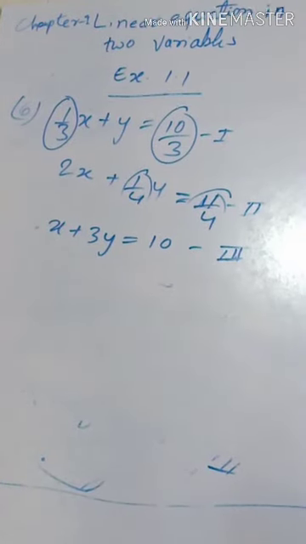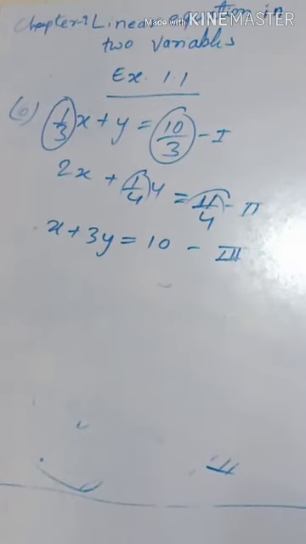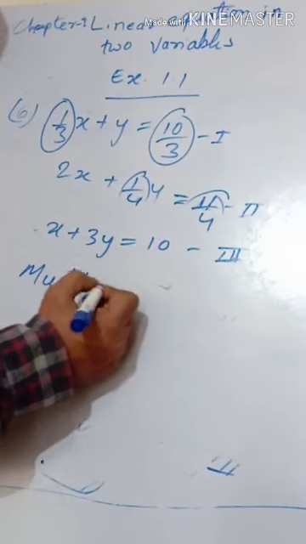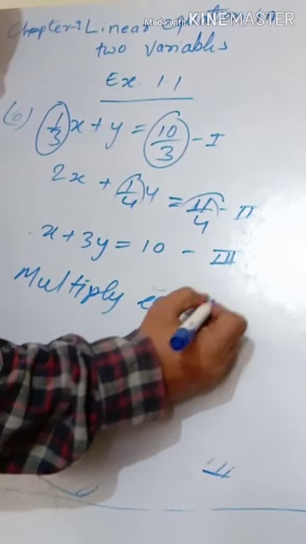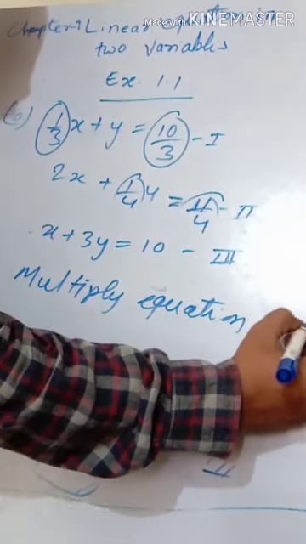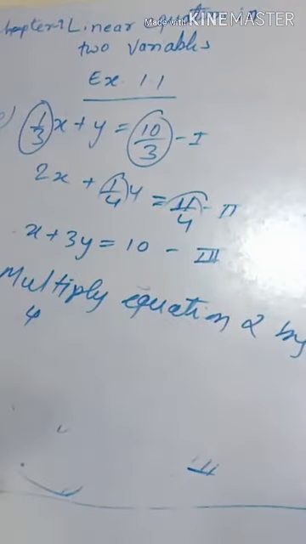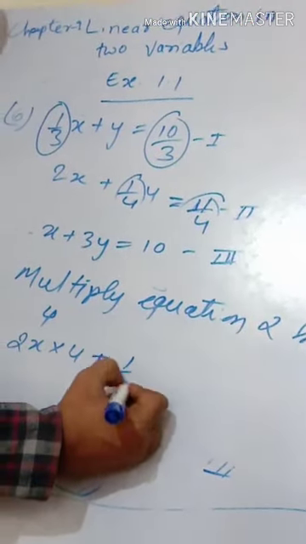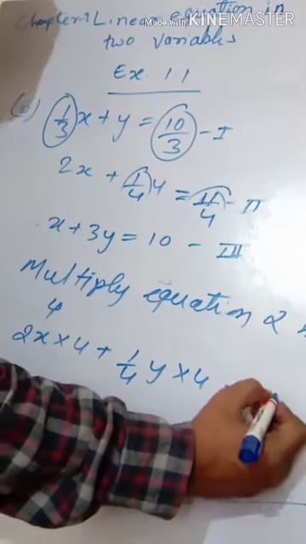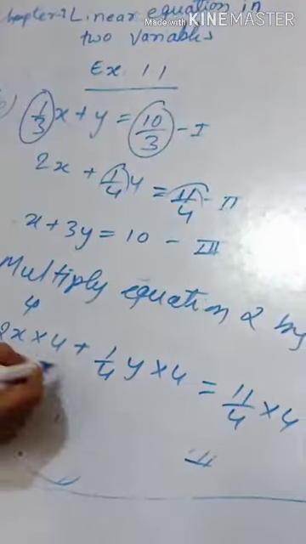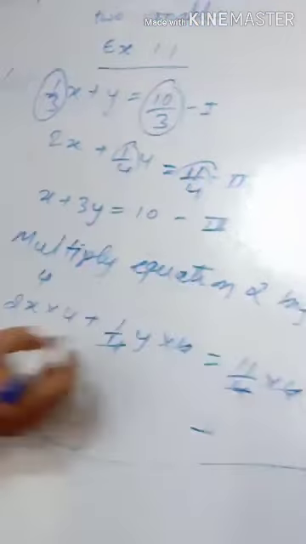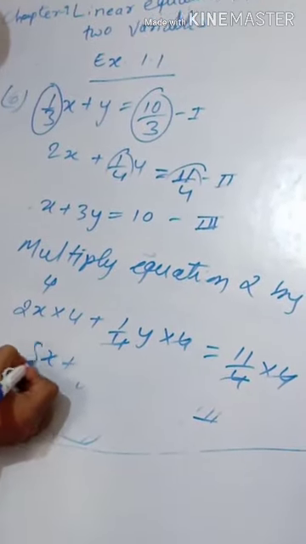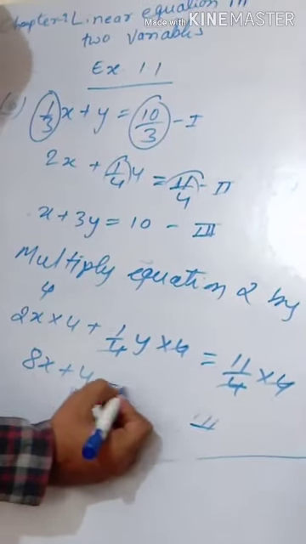Now we multiply equation 2 by 4, that is 2x multiply by 4 plus 1 upon 4y multiply by 4 is equal to 11 upon 4 multiply by 4. 2x into 4, 8x plus y is equal to 11.